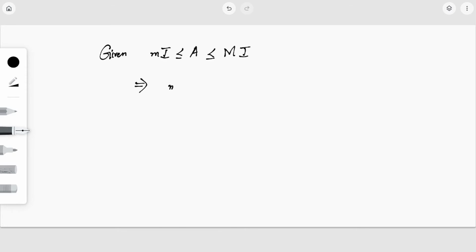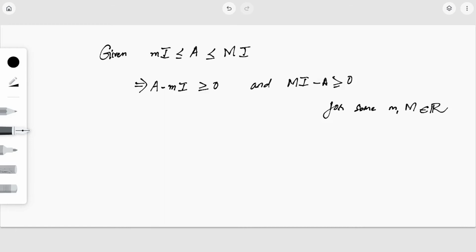I get a minus small m I is greater than or equal to 0, and capital M I minus a is greater than or equal to 0, for some m comma M belongs to R, right?